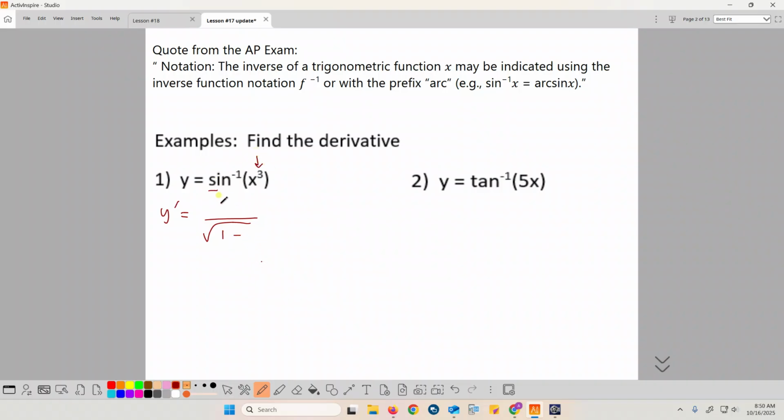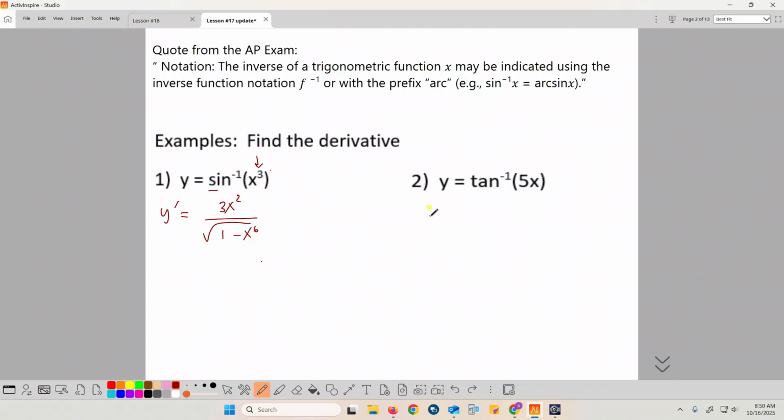This right here is u. So we're going to put 3x squared over the square root of 1 minus u squared. Well, what is x cubed squared? That's just going to give us x to the power of 6. Now I do want to delete this because that wasn't really part of my question, but this is my derivative right here.